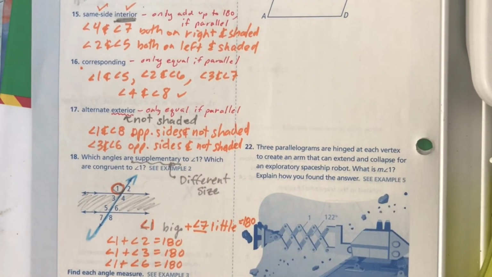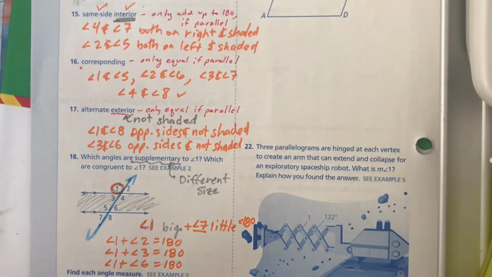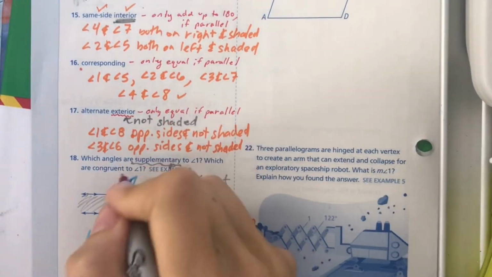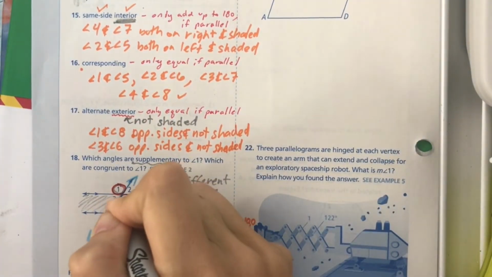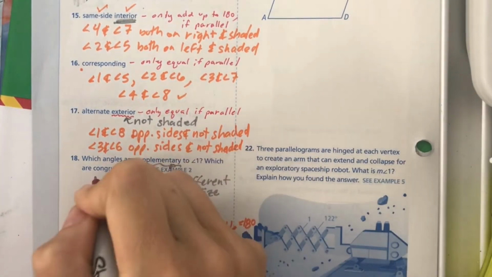Which angles are congruent to angle 1? So the congruent ones are the ones that are the same size. So angle 1 is big. I think that's this one. 1, 4, 5, and 8. We already proved that.